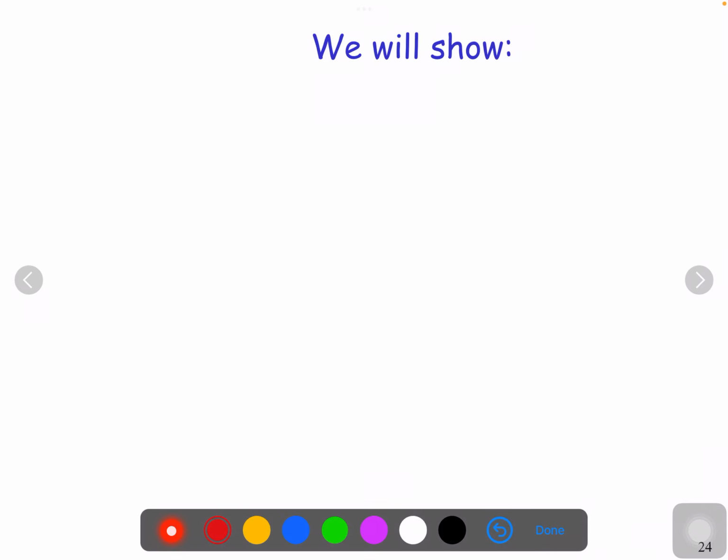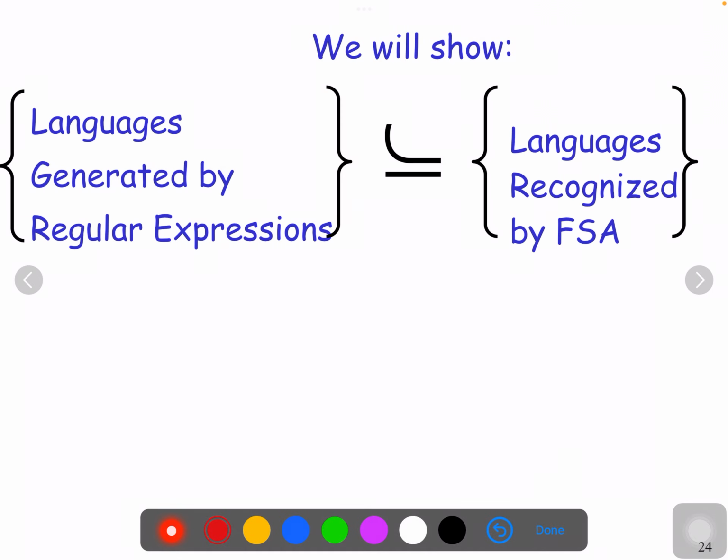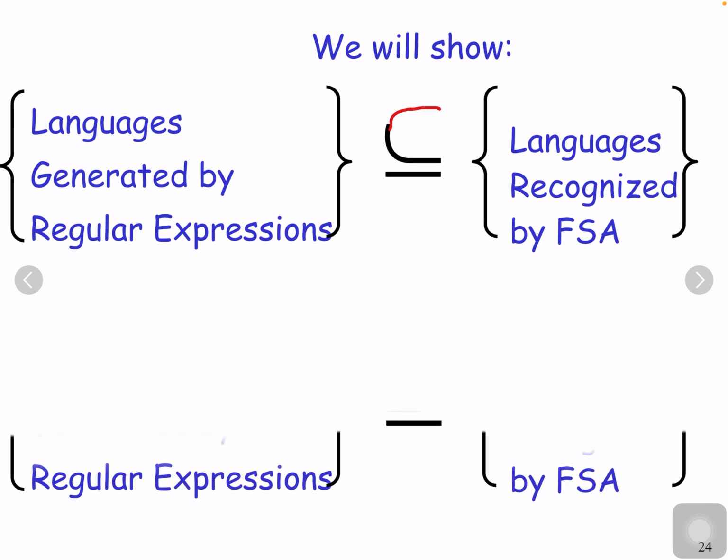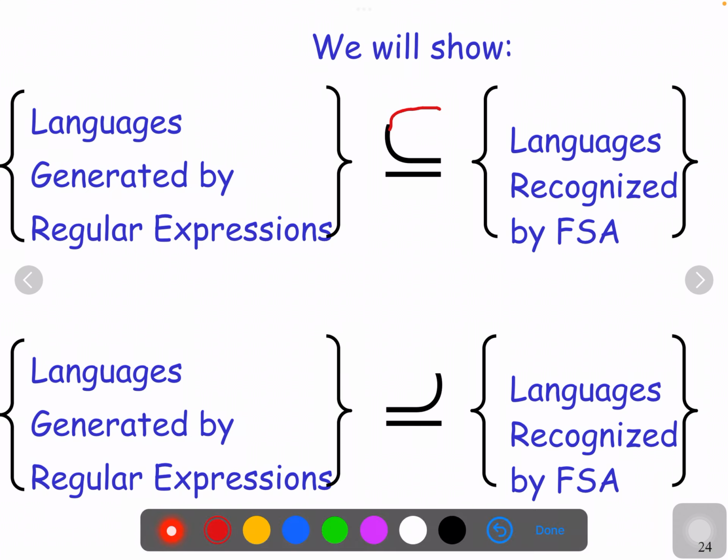The second statement shows that the language recognized by a finite state machine is a subset of the language generated by regular expressions. So whatever statement you have seen in the previous slide, how do you prove them?